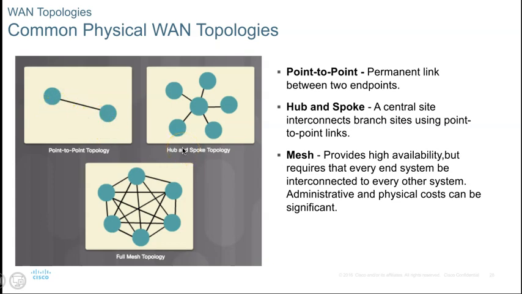There is hub-and-spoke topology, a central point where all the traffic goes before it goes anywhere. And then we have a mesh, where every device has multiple ways of communicating with every single device. We usually do this for redundancy and also speed.